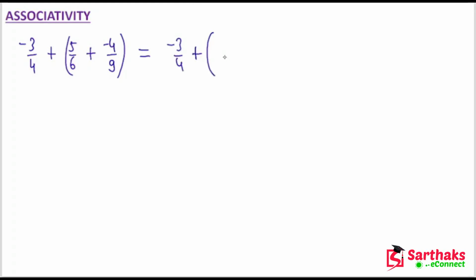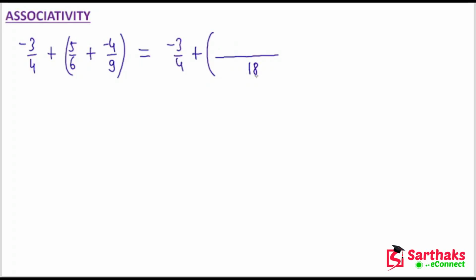Now let us check this property for rational numbers. Let us add minus 3 upon 4 plus 5 upon 6 plus minus 4 upon 9. Now let us add them. We will get minus 3 upon 4 plus, the LCM would be 18.